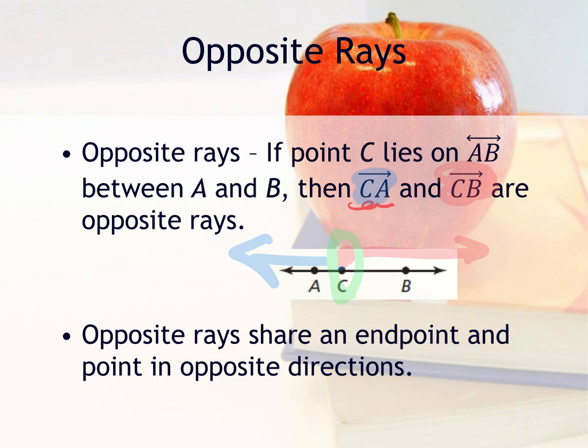They point in opposite directions. But they always have the first letter in common, the starting point. So notice the C is the first letter, so this is your common endpoint.